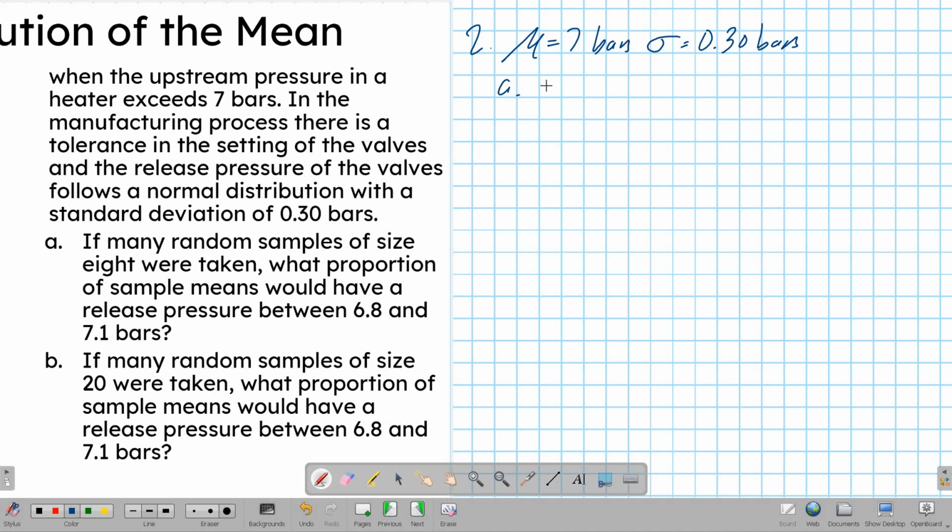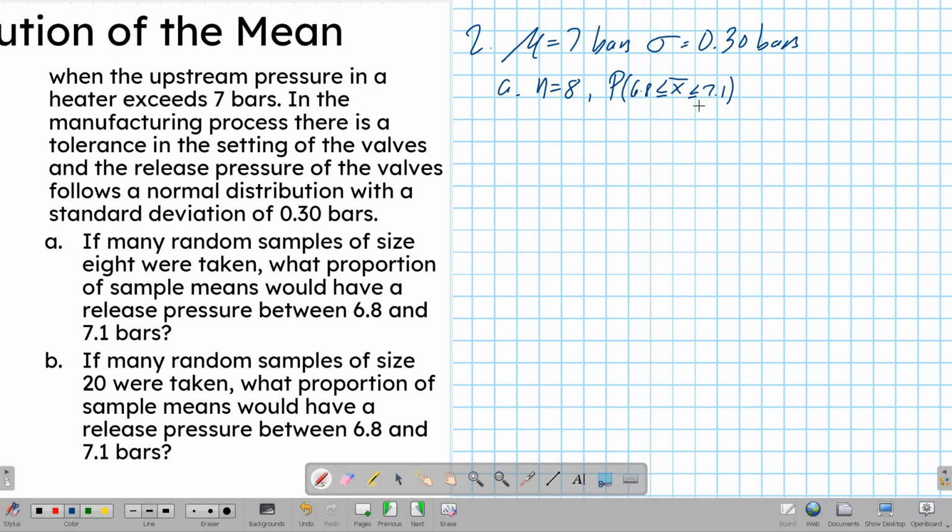It asks that if you take many random samples of size 8, what would be the probability that the mean of these samples would be between 6.8 and 7.1 bars?